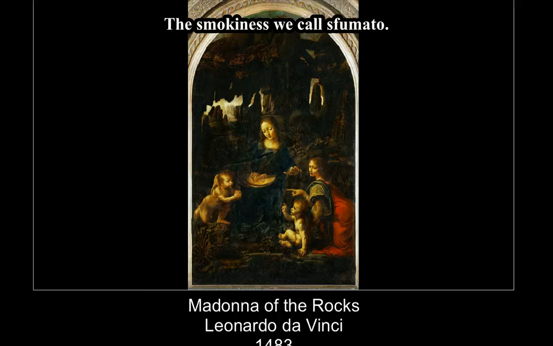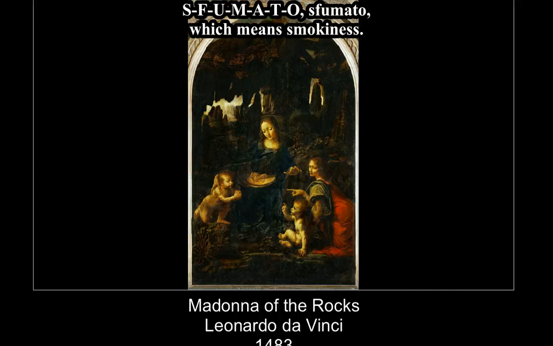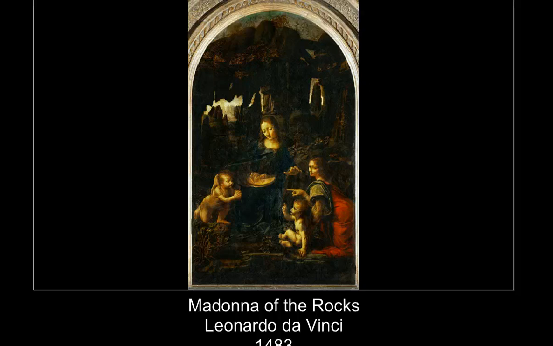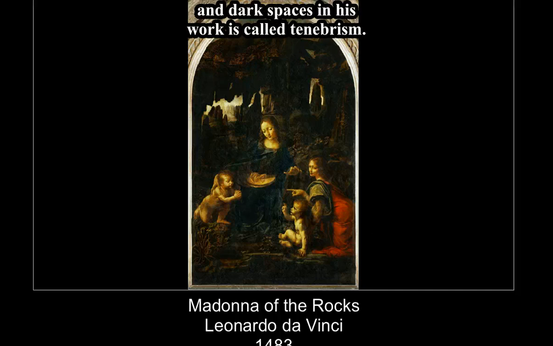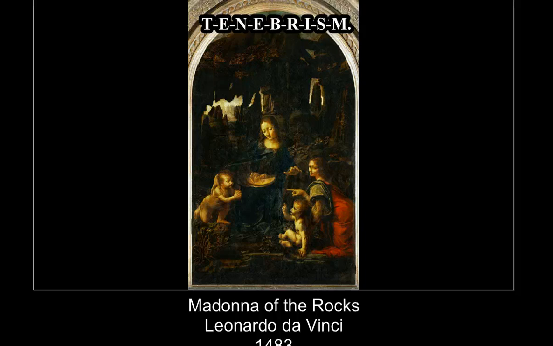The smokiness we call sfumato, S-F-U-M-A-T-O, sfumato, which means smokiness. The darkness, that kind of dramatic use of dark color and dark spaces in his work, is called tenebrism, T-E-N-E-B-R-I-S-M.